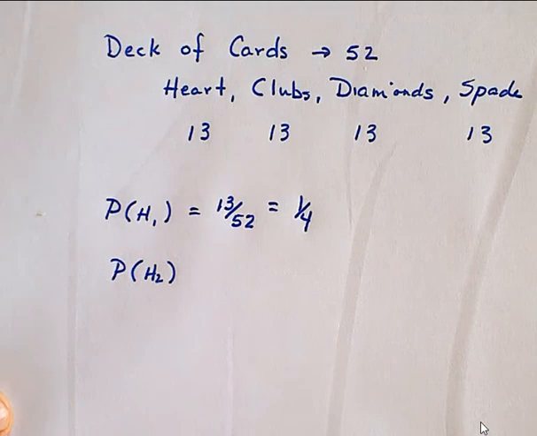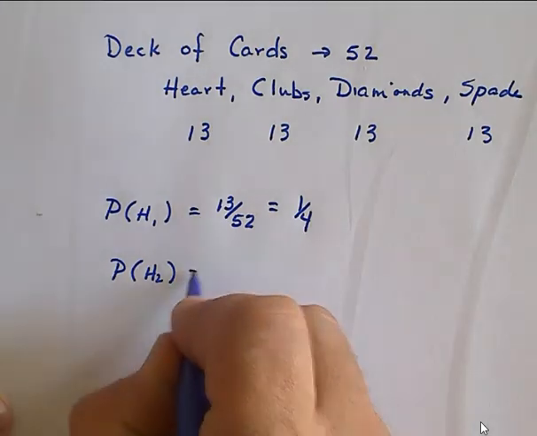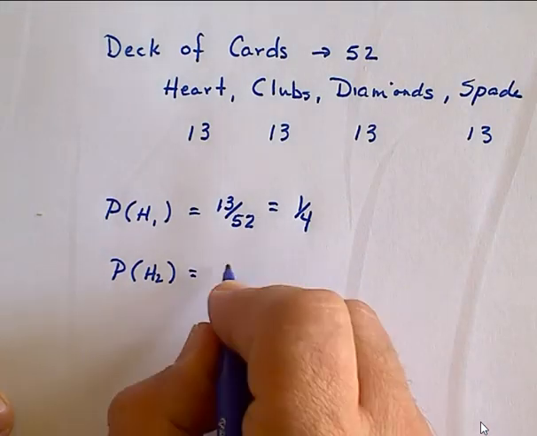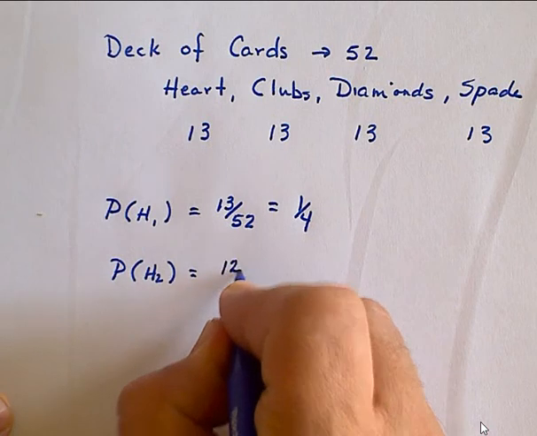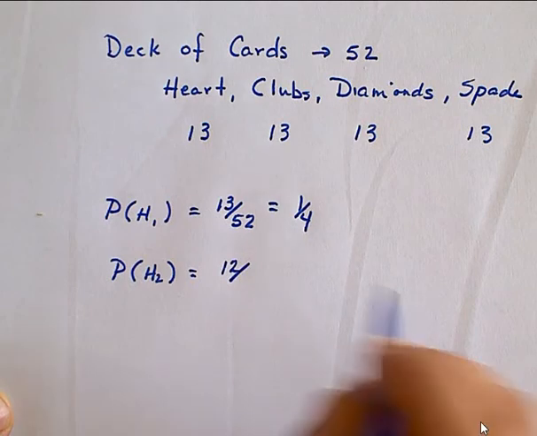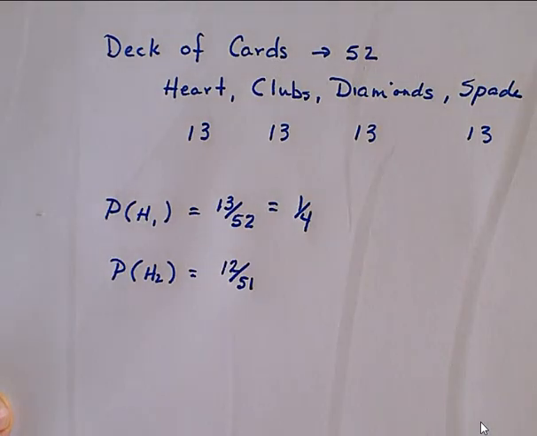So I got a 1 out of 4 shot of grabbing a card and having it be a heart. Now, if I leave that card out and do not replace it, then the number of hearts that are left, assuming the first one was a heart, is now 12. And the number of cards left to choose from is 51. So without replacement, we end up with 2 different probabilities.